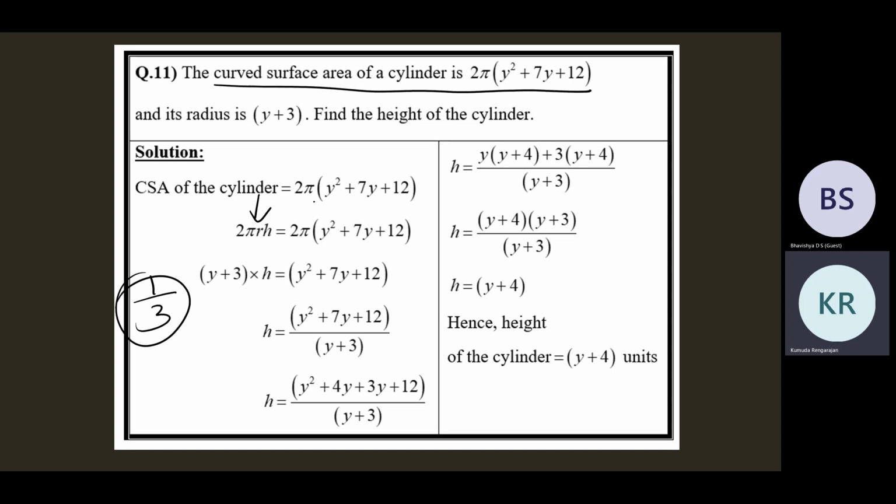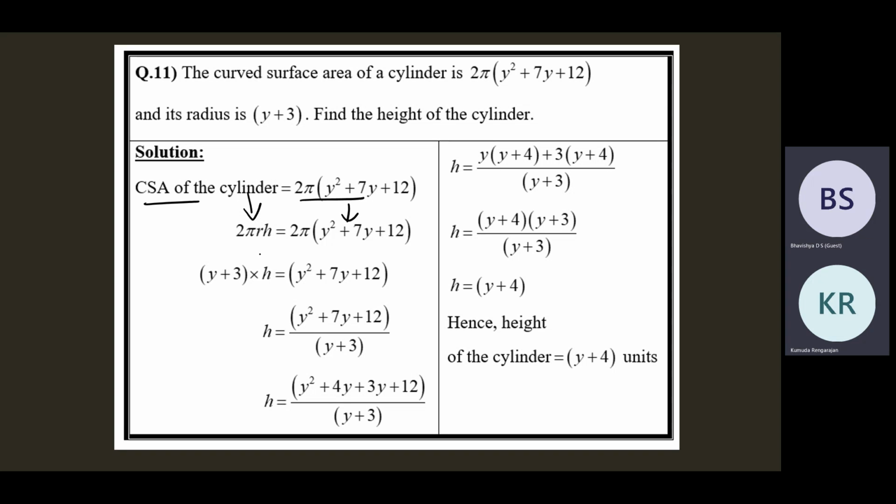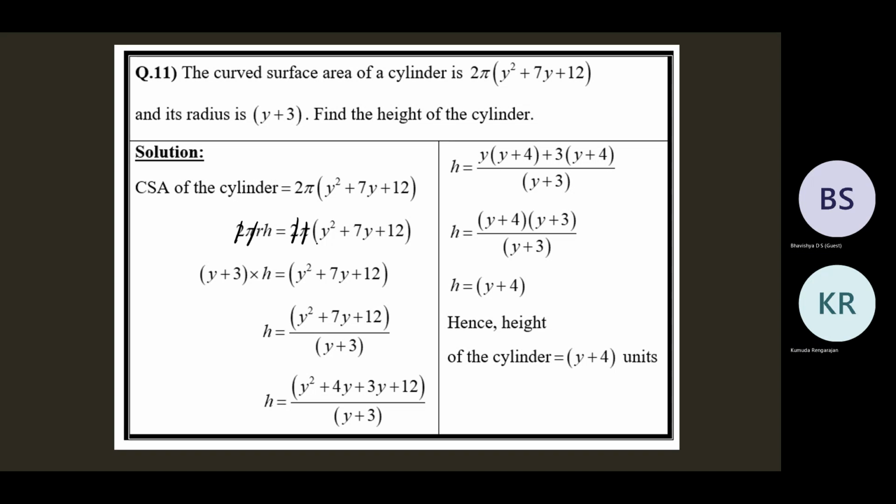So 2 pi r h is equal to whatever is given here. Now, 2 pi on either side gets cancelled.